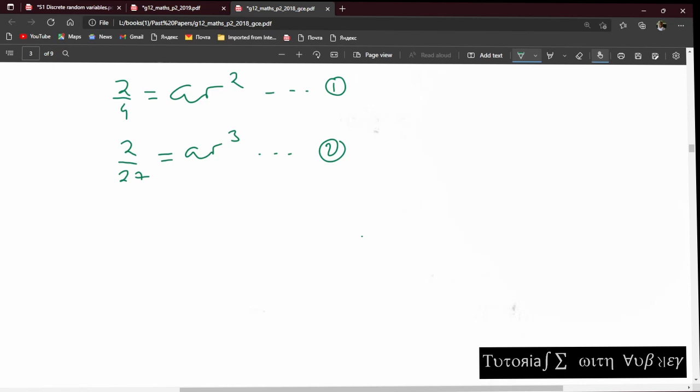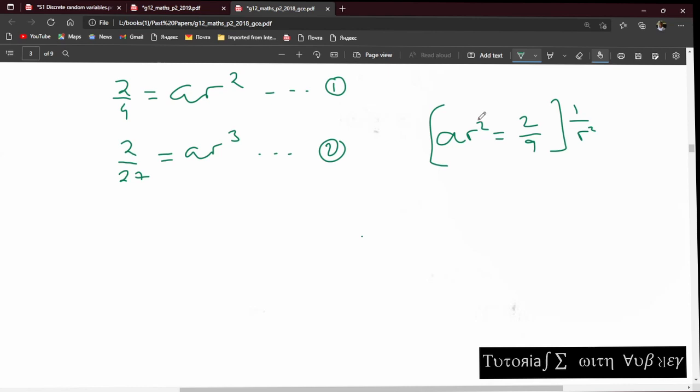A simple method that we can use is to make A the subject of the formula in equation 1. So we have A r squared equals 2 over 9. Make A the subject of the formula by dividing throughout by r squared.